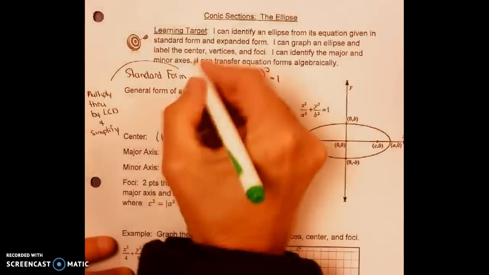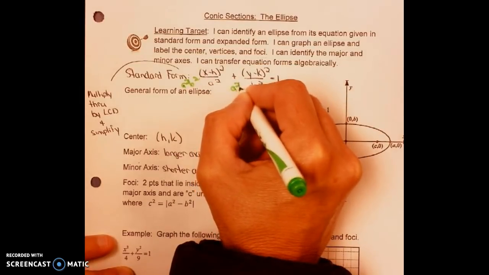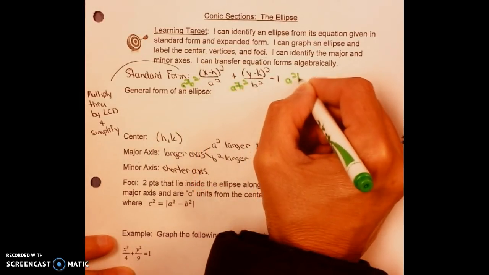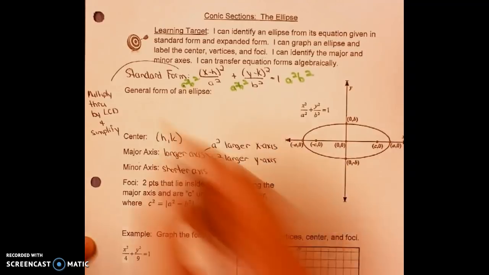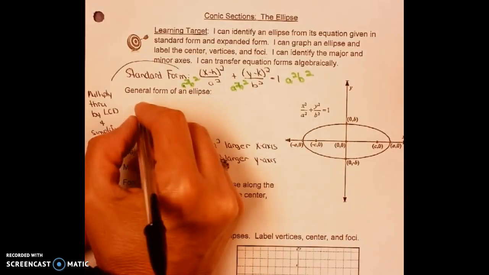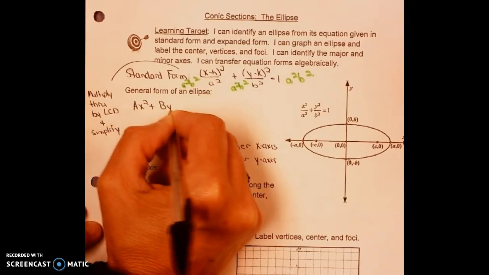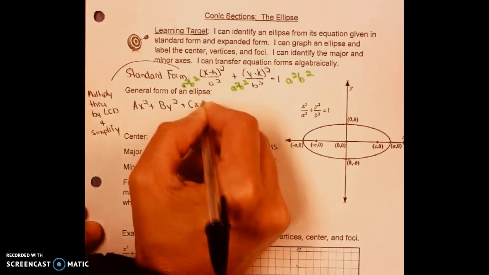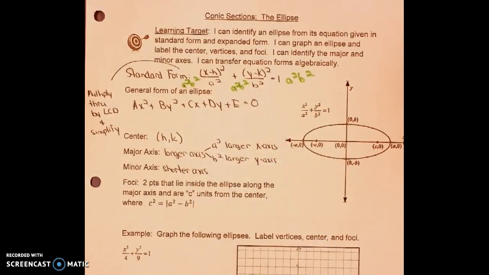So I would multiply each one of these by a squared b squared. Once I multiply all that through, I end up with ax squared plus by squared plus cx plus dy plus e is equal to 0. And we'll look at a specific example of that in just a few minutes.